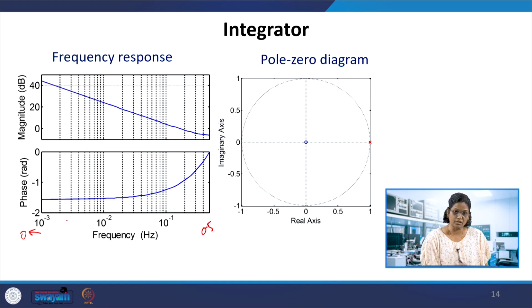This can be shifted to that particular frequency. The pole-zero diagram has only one pole at 1, which is the pole contributing to the integrator. This is the pole-zero diagram and the frequency response of magnitude and phase. So we have seen the differencer, integrator, and moving averager from the common DSP network.